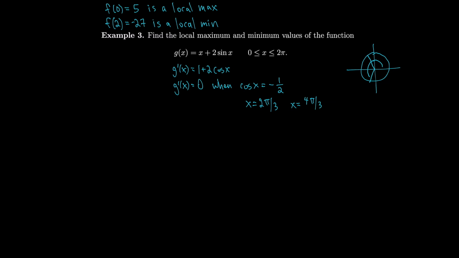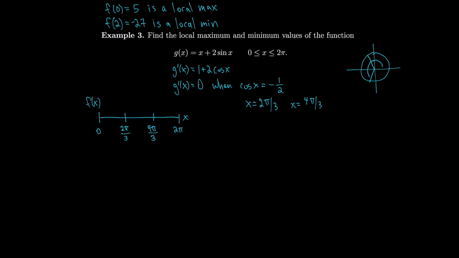Okay, so let's plot these values. We're cutting our interval off this time at 0 and 2 pi. So this is x, and let's look at values for the derivative. We'll look at them around 2 pi over 3 and at 4 pi over 3.